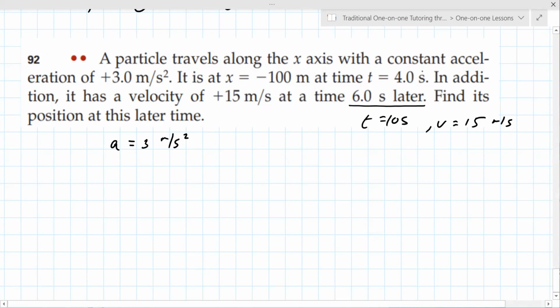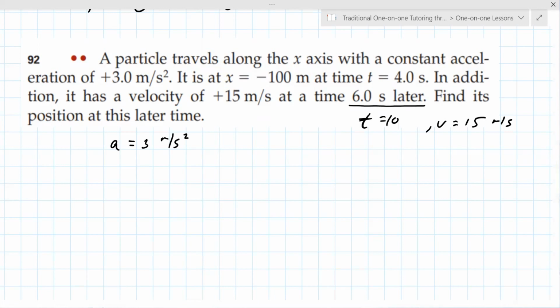So at 4 seconds, but then 6 seconds later, it's 15 meters per second. So t equals 10, and v is 15 meters per second.